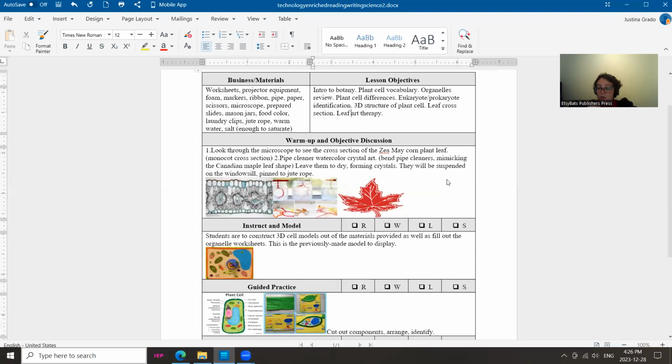You can drop food coloring into it for pretty effect. And then hang them on the jute rope in front of the window of the school classroom to form crystals. It looks nice. It isn't edible, but it's eye-pleasing.